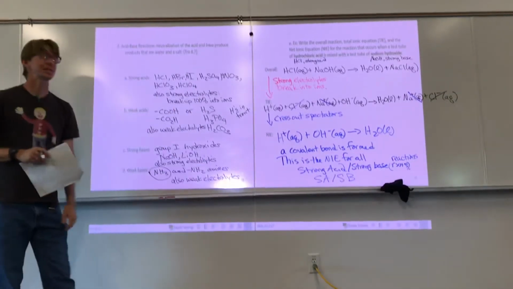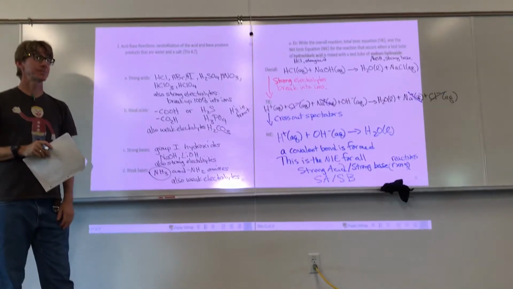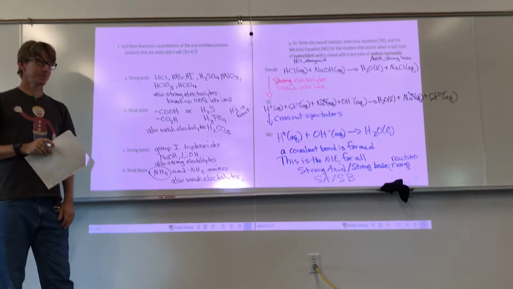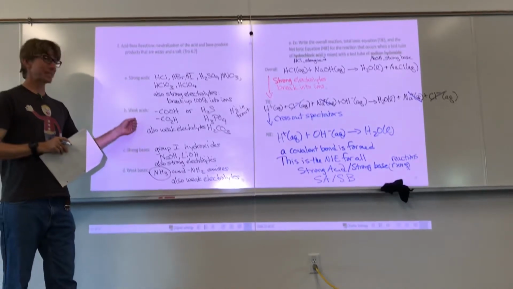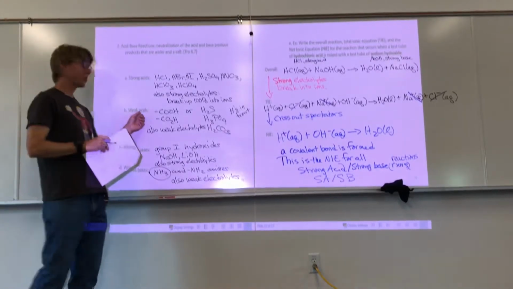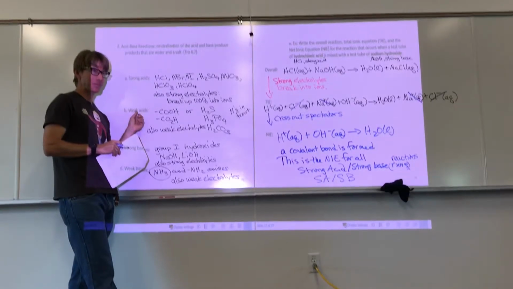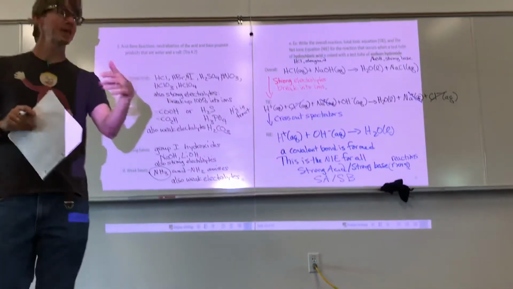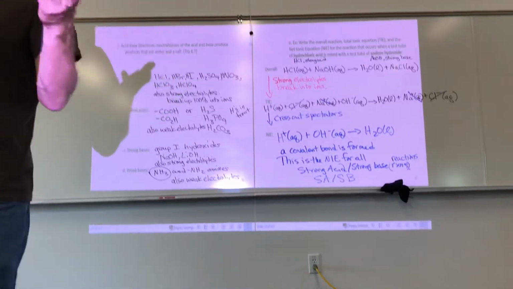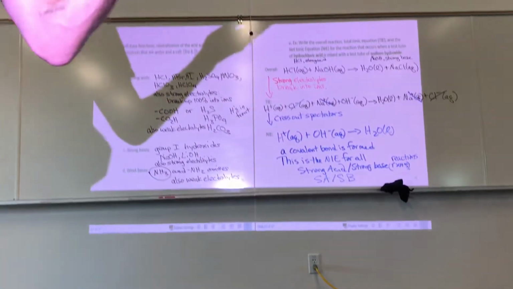Yeah, Alicia. In regard to weak acid structure, do I deduce something as a weak acid because it's not on a list, or because it has that RCOOH? Okay, so there are thousands of weak acids. So the way that you tell a weak acid, here's a question. Lactic acid. Is that a strong or a weak acid?